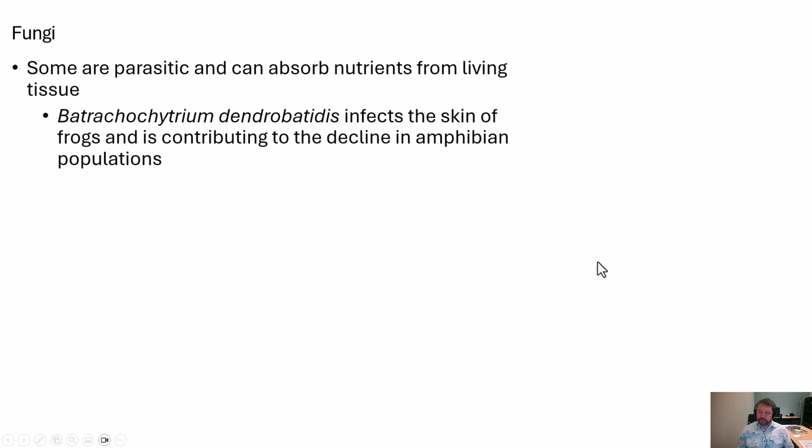So some are parasitic, of course. That's why they're talked about often in microbiology. One that's of great concern to wildlife biologists, especially herpetologists, or individuals that study amphibians, is Dendrobatitis.